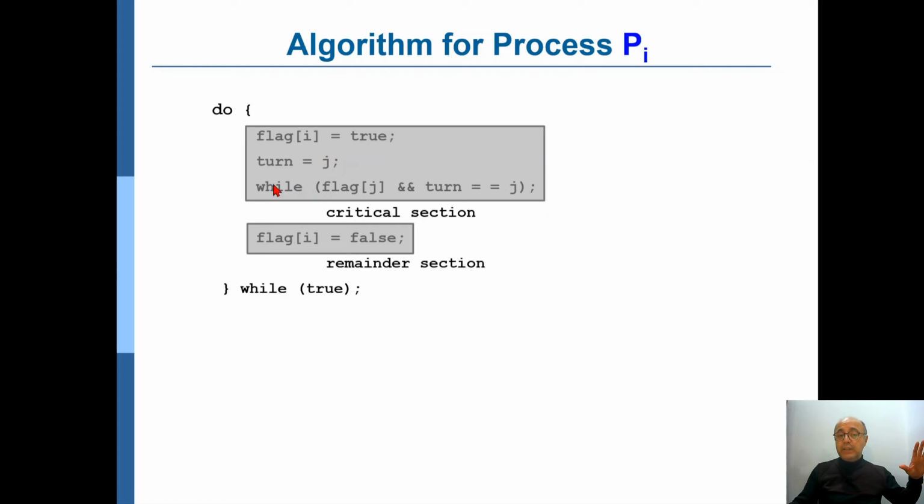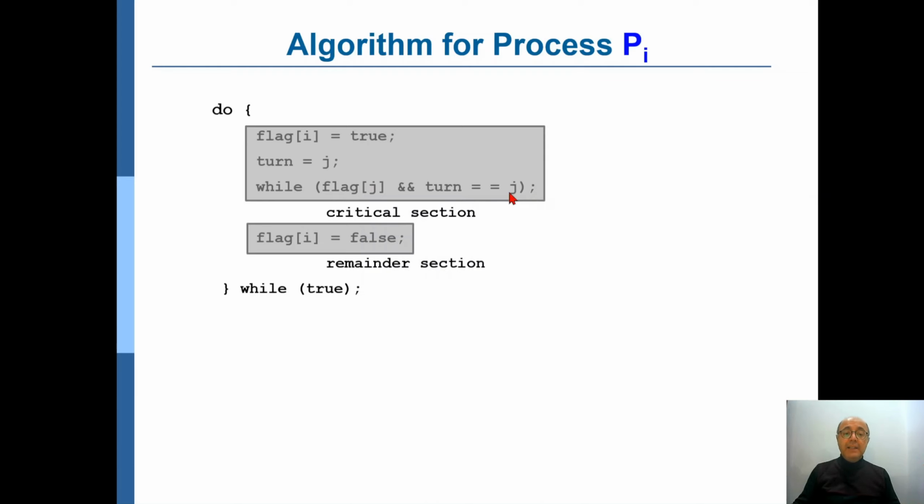So it's also in this while loop. P1 is looking at the flag of P0, which is true. And the turn belongs to whom? P0. It was P0's turn. So from the point of view of P1, this condition is true. Therefore, it will wait. Okay, so P1 waits.